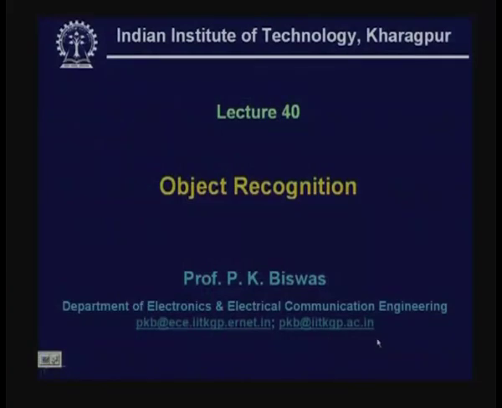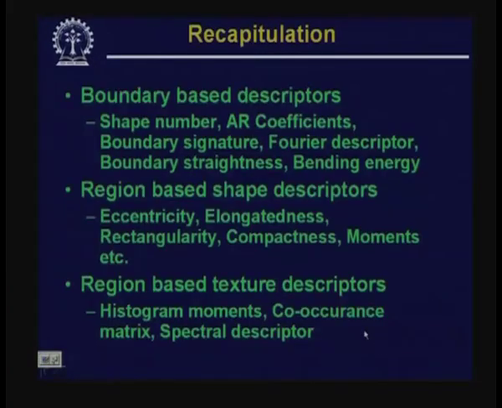So, till our last class, we have seen the different representation and description techniques, and we had said that for understanding the images or to recognize the objects present in the images, we have to have a proper representation mechanism, so that the objects or the shapes present in the image can be represented properly.